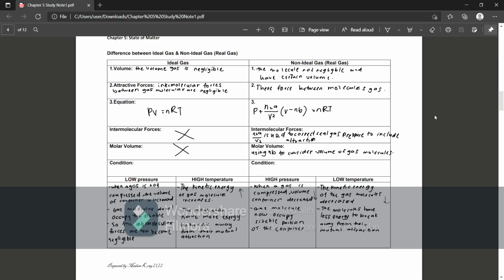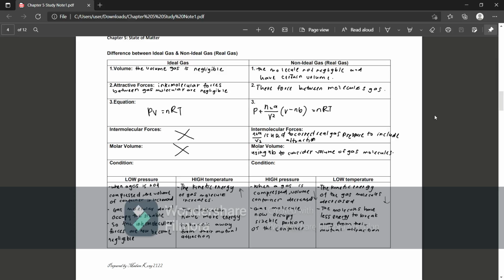For an ideal gas, the intermolecular forces between gas molecules are negligible; for a non-ideal gas there are forces between gas molecules. So the equation is PV equals nRT for the ideal gas. For the non-ideal gas it is (P plus n squared a over V squared) multiplied by (V minus nb) equals nRT.